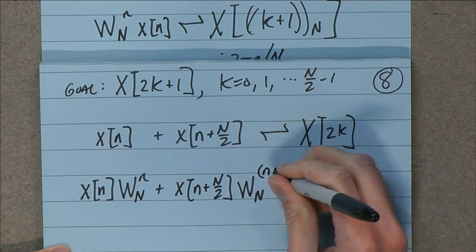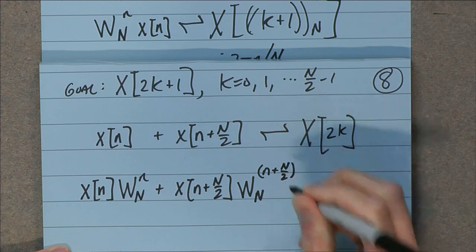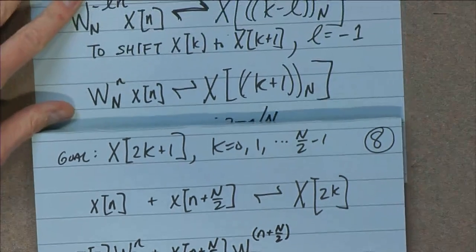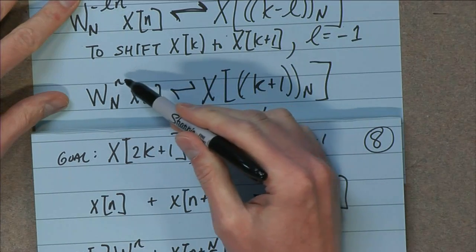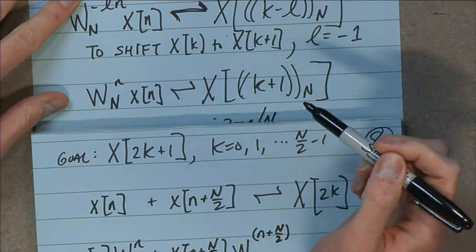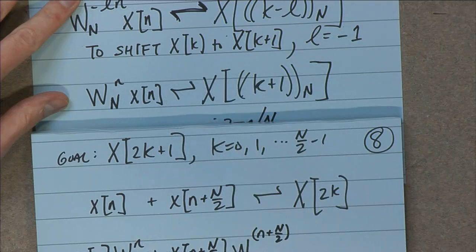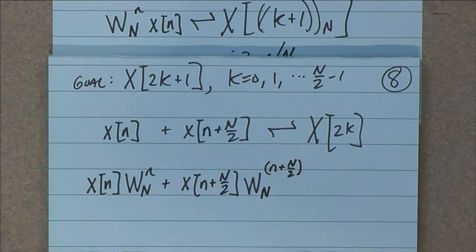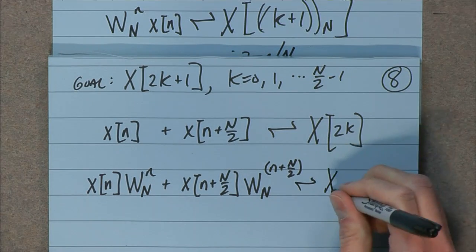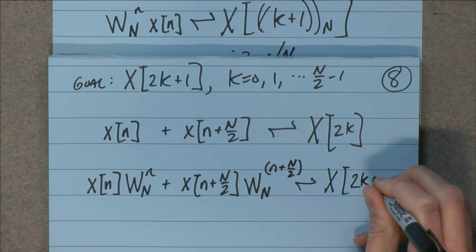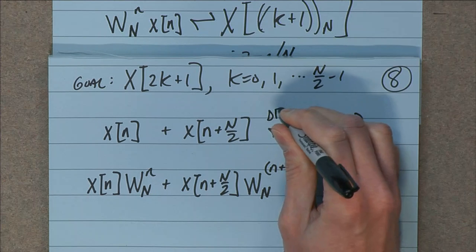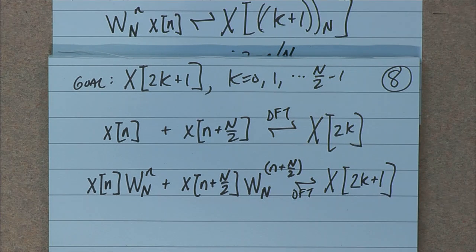So I'm going to carefully put that there. That's the part you might have missed. This x of n and this n have to be the same for it to work. Shifting this one by 1 was pretty easy. To do this one by 1, you have to include that x of n plus N over 2. If we do that, then we can get what we call a DFT relationship to 2k plus 1.